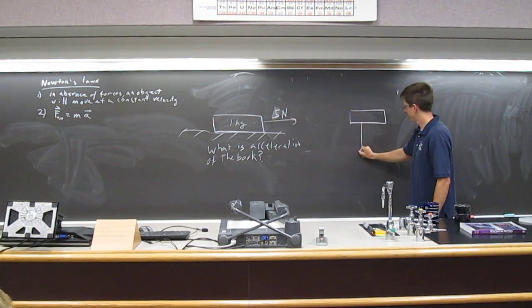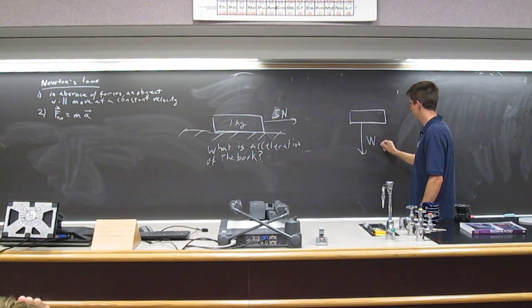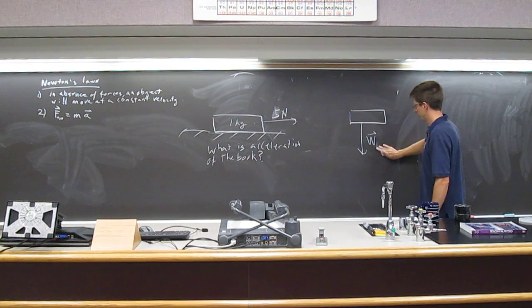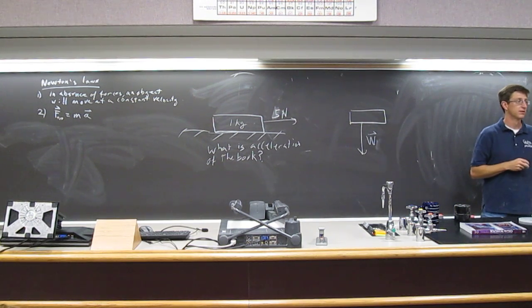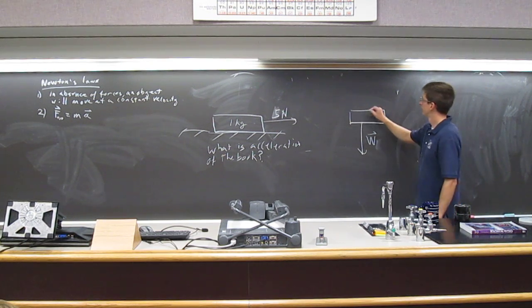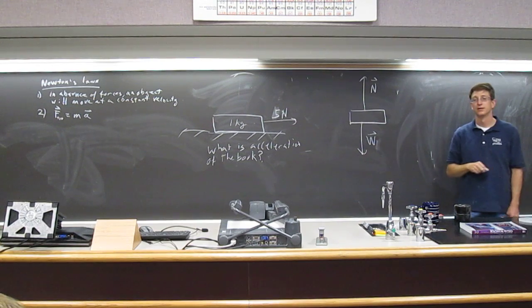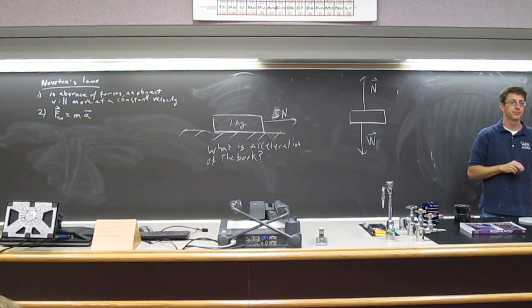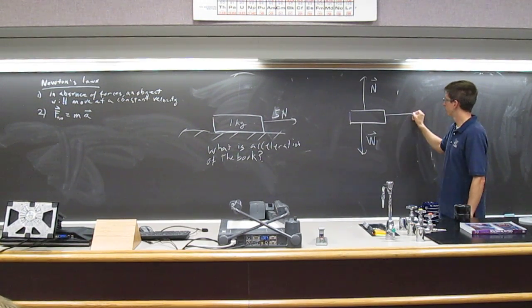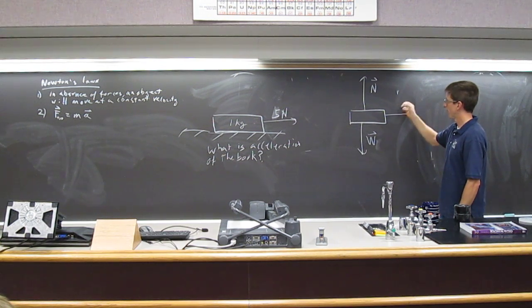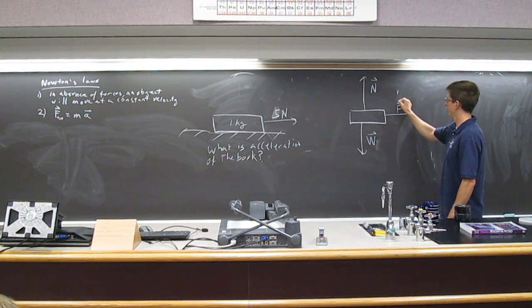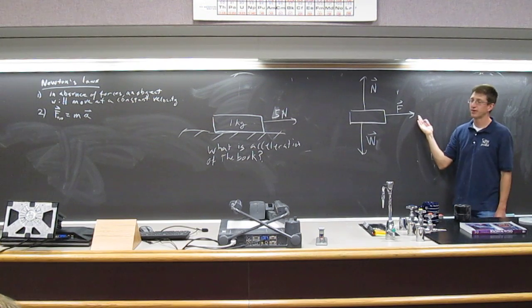I have a weight on the book, I'm just going to call it W. The table, or the ground, you have a normal force pushing it upwards. And then you have this applied force. I'm just going to call that F, that 5 newton force.